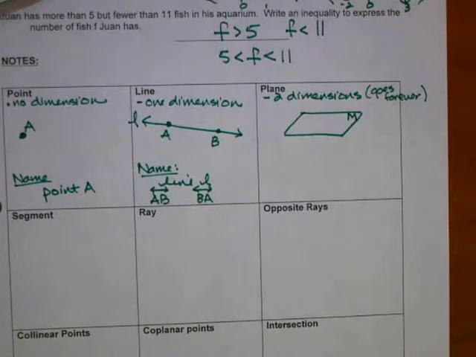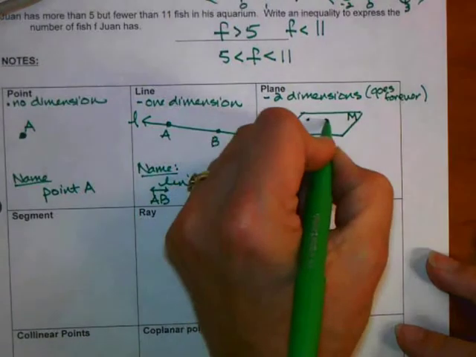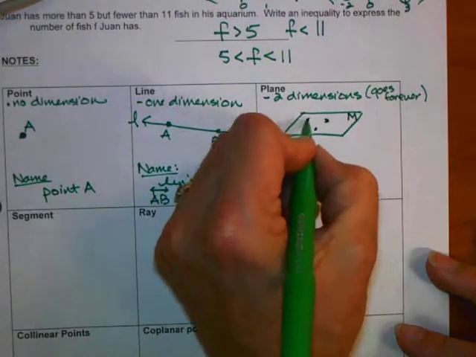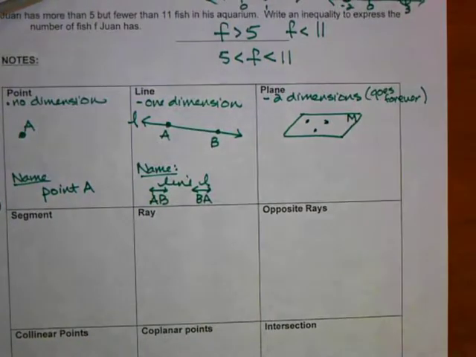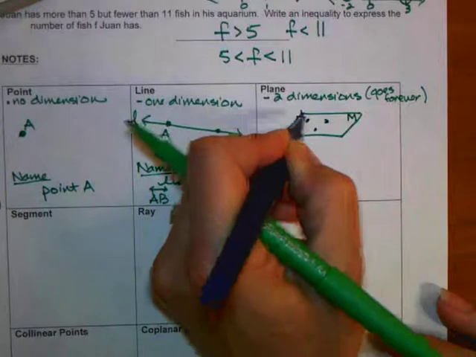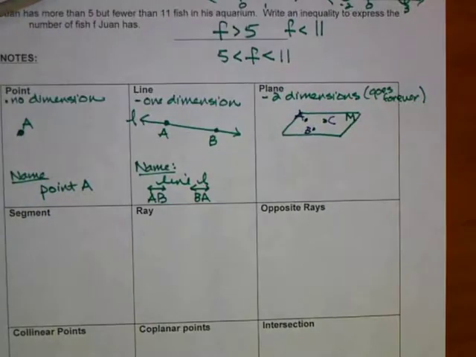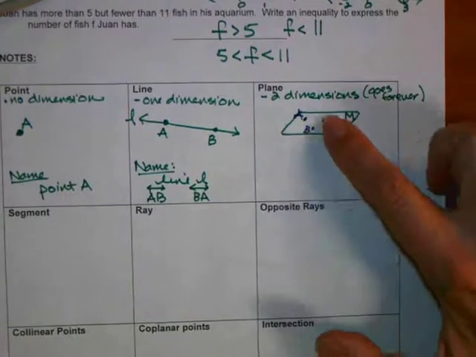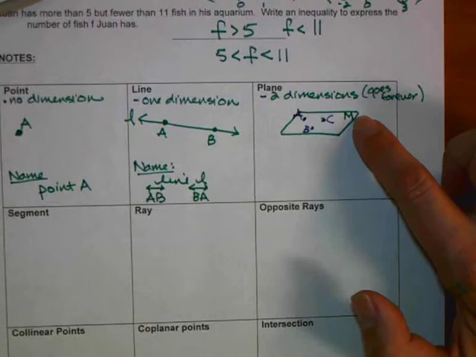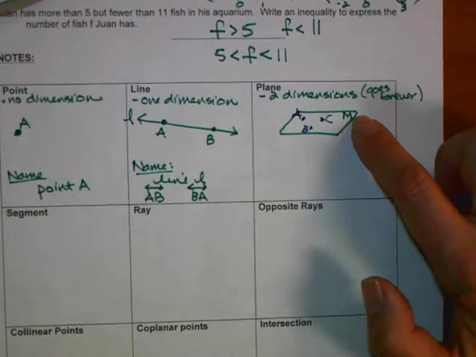And you have to have at least 3 points on a plane. So I'm going to just put 3 points. It doesn't matter where. And I'm going to label them, I know this is small, A, C, B. So notice the difference: these have points, this has just a letter. It's all about the naming.